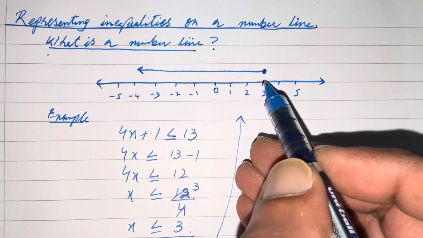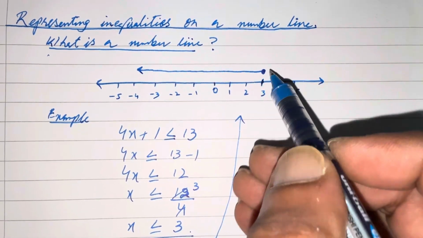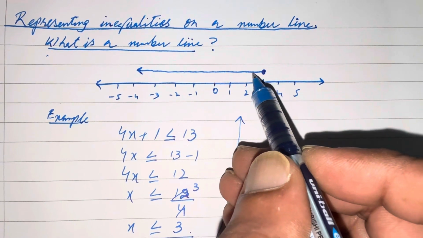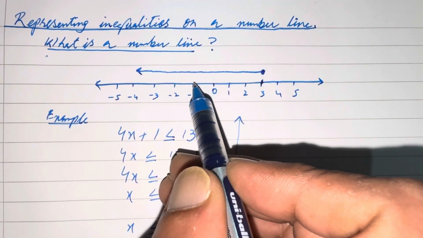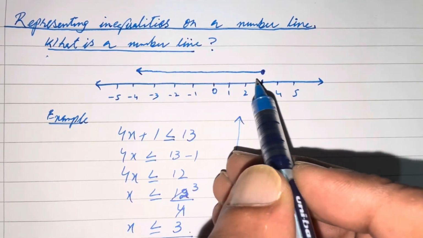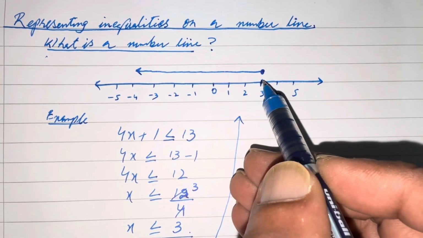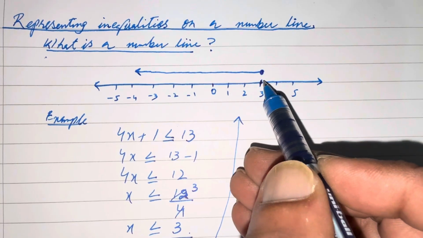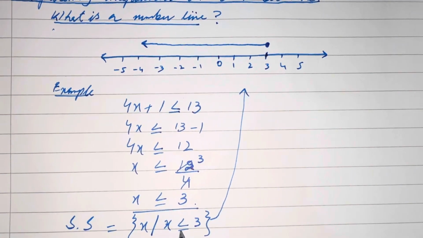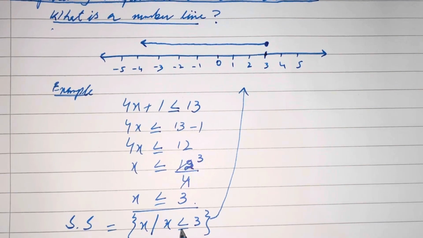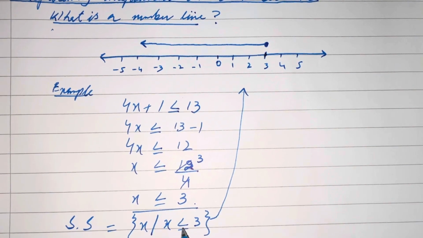So 3 is the point where we have to start our number line on the left hand side, because all the values on the number line on the left hand side are less than, and we will take the number 3 as well, because 3 is the point where the value of x will start.